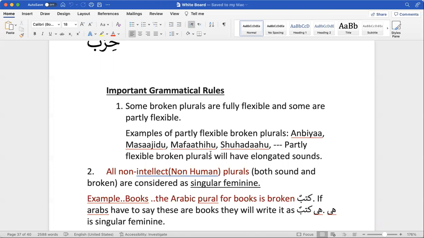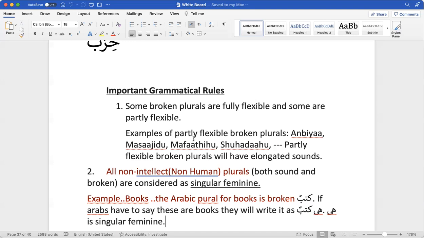For example, if you see a word followed by a harfi jar, for example min, and that word does not change its ending sound, it is still an a sound, that means you should understand that word is partly flexible. Though it is majroor, it does not show the sign in that status.